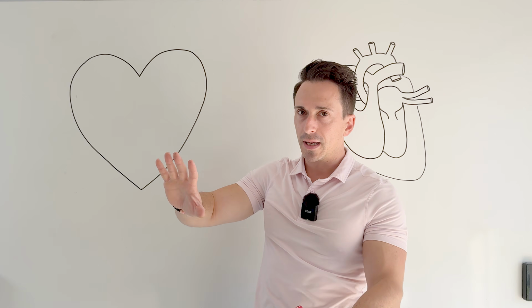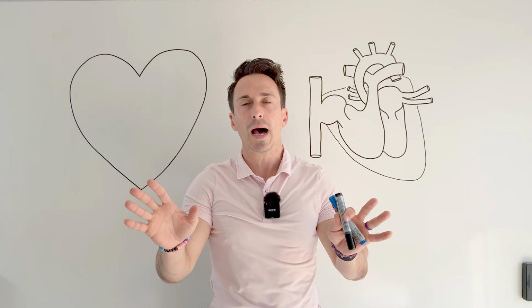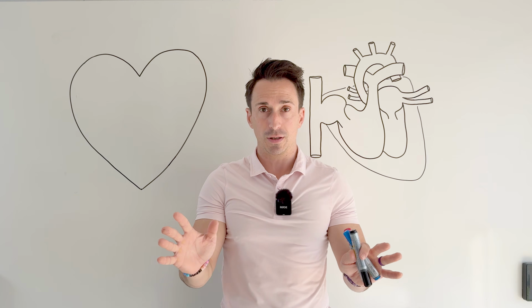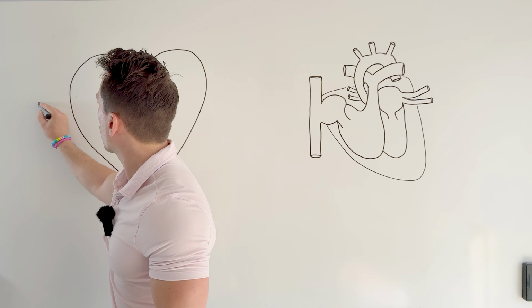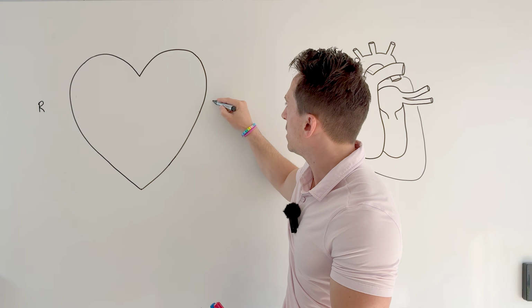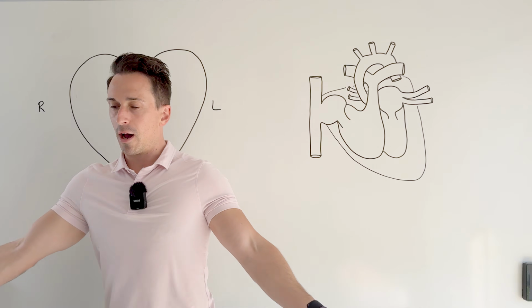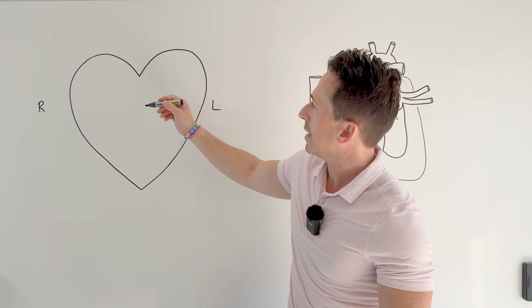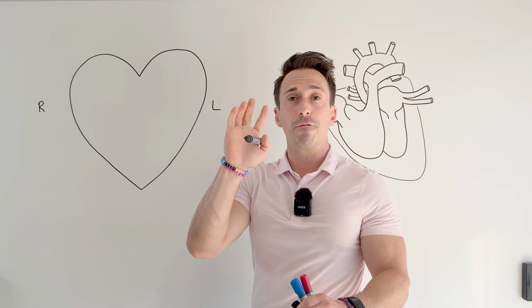So, first thing that we need to understand is when we're talking about the heart, we're talking about it from the anatomical position of the patient, meaning that this is the right-hand side and this is the left-hand side. Because I'm the patient, there's my right, there's my left. The other thing you need to understand is that the heart has 4 chambers.